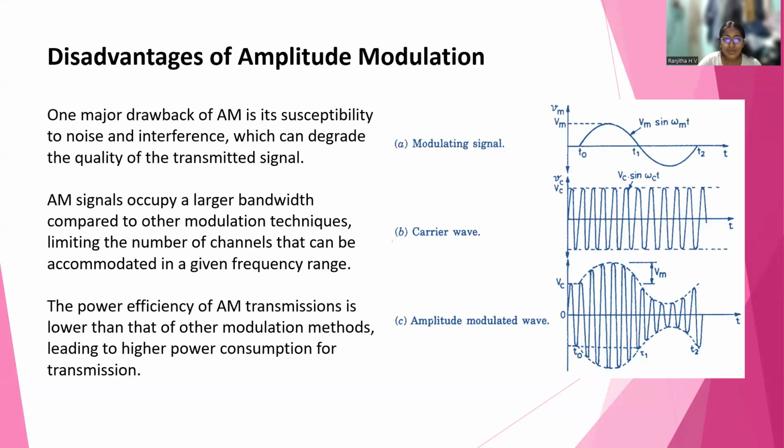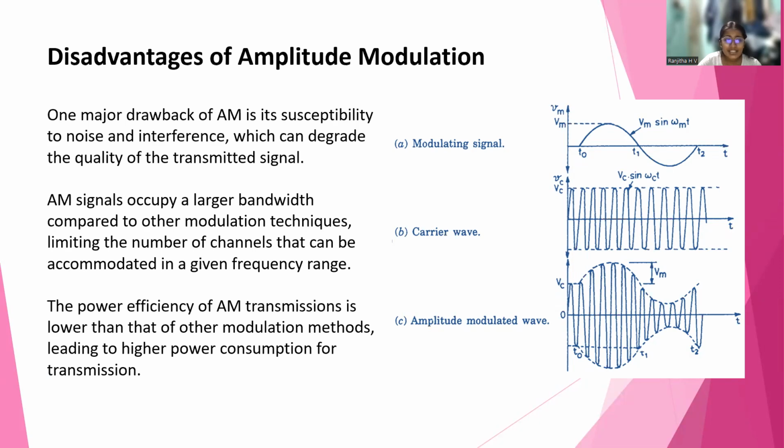Disadvantages of amplitude modulation. One major drawback of amplitude modulation is susceptibility to noise and interference, which can degrade the quality of the transmitted signal.